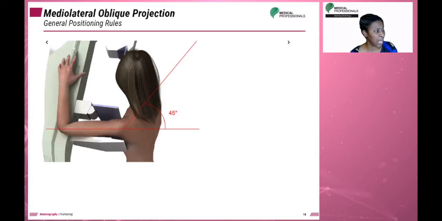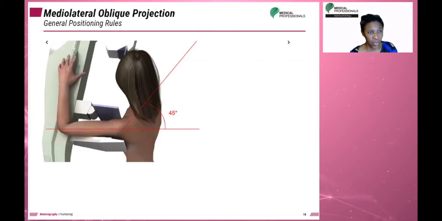If the pec muscle and the IMF are not visualized properly, do you automatically repeat the image? That is going to depend on how close the inframammary fold is. Typically, you do want to have an open fold, but there are projections that will give you an open fold if it is severely overlapping tissue in your MLO projection.